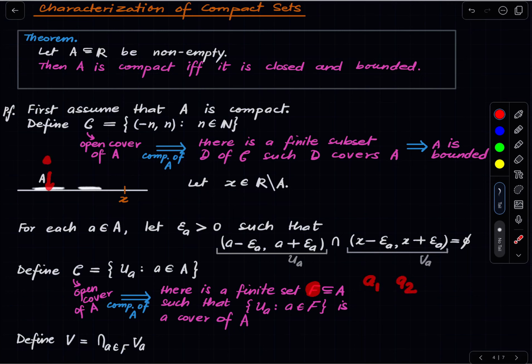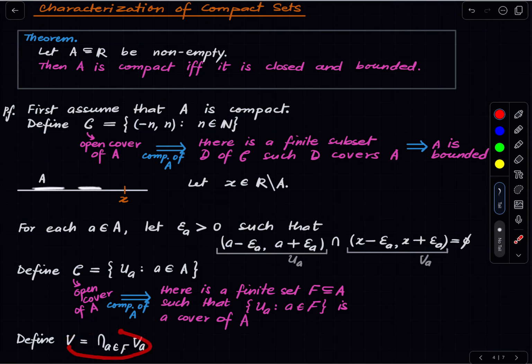A1 is somewhere here and a2 is somewhere there, and there is some interval around it such that the corresponding interval around x is disjoint from it. And there is some interval around this such that the corresponding interval around x is disjoint from it. So if we intersect these two intervals that we got, the intersection would be an open set around x, but that will be disjoint from both of these and hence from A. And that is the idea of the proof. So we're just executing that.